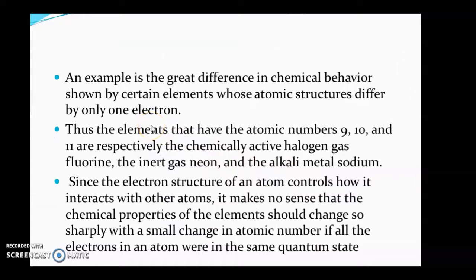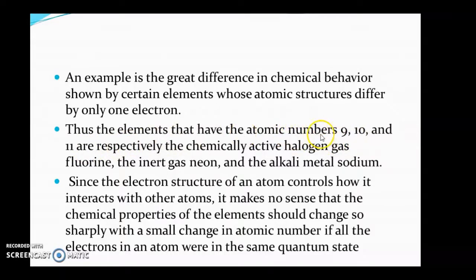And also we can see that the chemical behavior of the elements changes drastically when the atomic number changes by 1 or 2. For example, we can consider the elements having atomic numbers 9, 10 and 11.